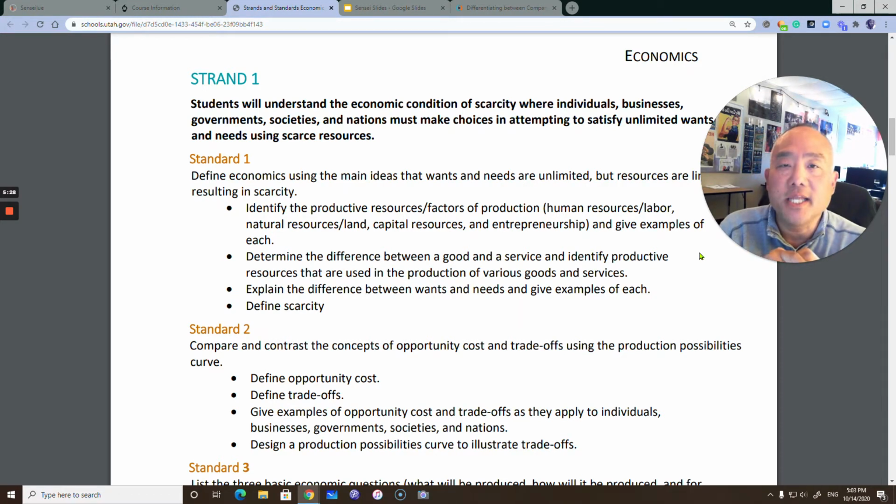Next, let's look at standard 2. Compare and contrast the concepts of opportunity cost and trade-off cost and use the production possibility curve. Now remember, the production possibility curve is, given scarce or limited resources, what would you produce, right? And often we refer back to the speech about guns or butter, or guns and butter.